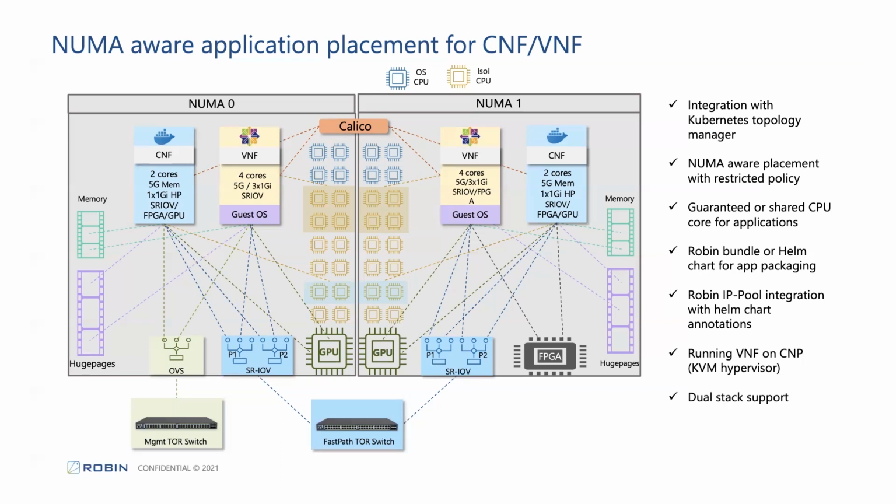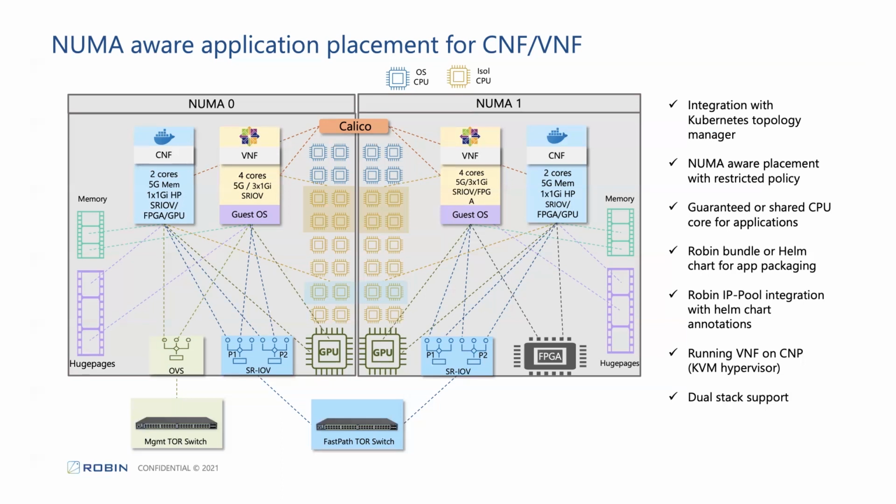And then also running VNF on CNP with KVM hypervisor is also possible, where you create a Robin bundle and specify the engine as KVM. Then the application is deployed as a VM and would be able to, using underlying libvirt and KVM libraries, onboard the application.